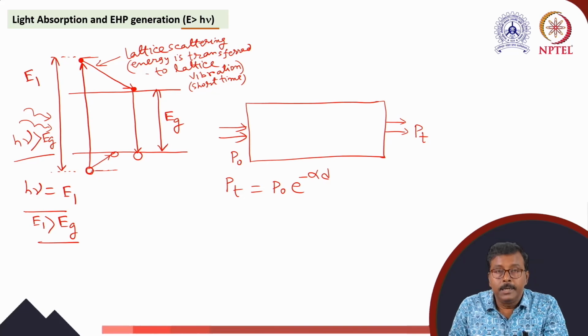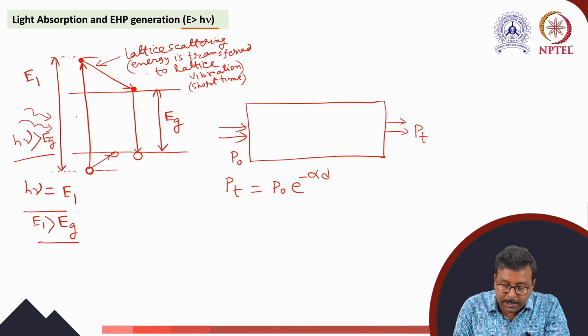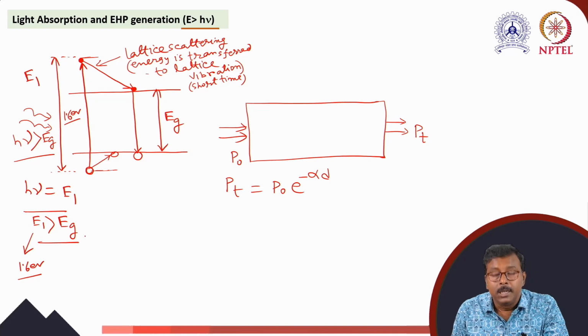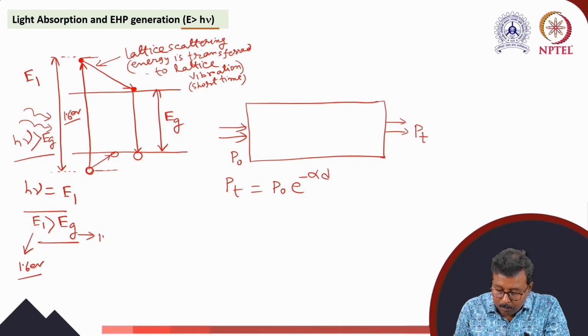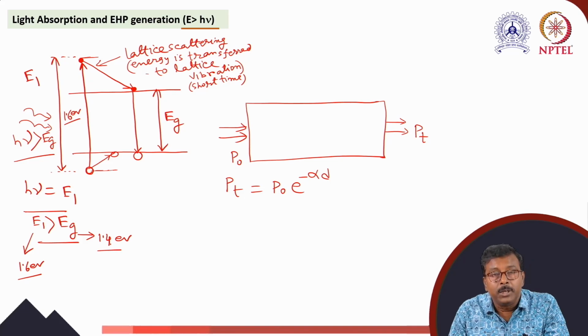Say the incident power and the wavelength of incident light are such that h nu is, say, 1.6 electron volt, that is E1, and suppose Eg is 1.4 electron volt.